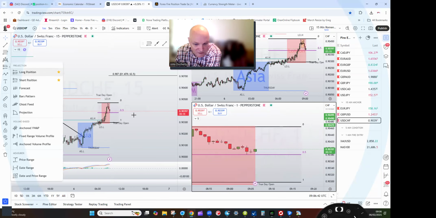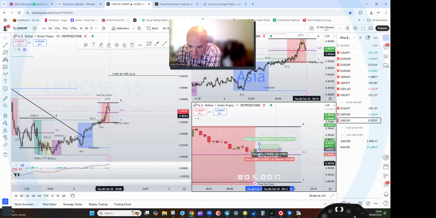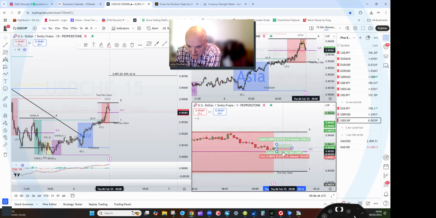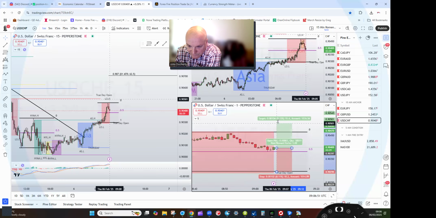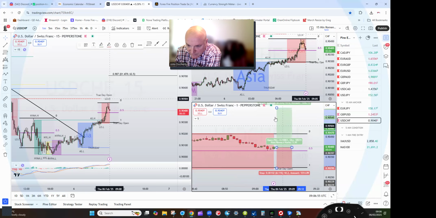So if we just do this long position, do this, we've got 15 seconds. There's a 1 to 2. There's the next candle there, forming. Come on.